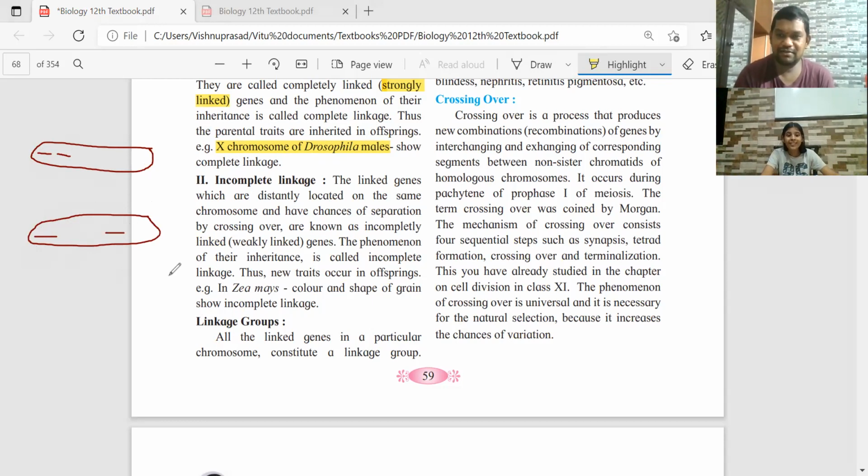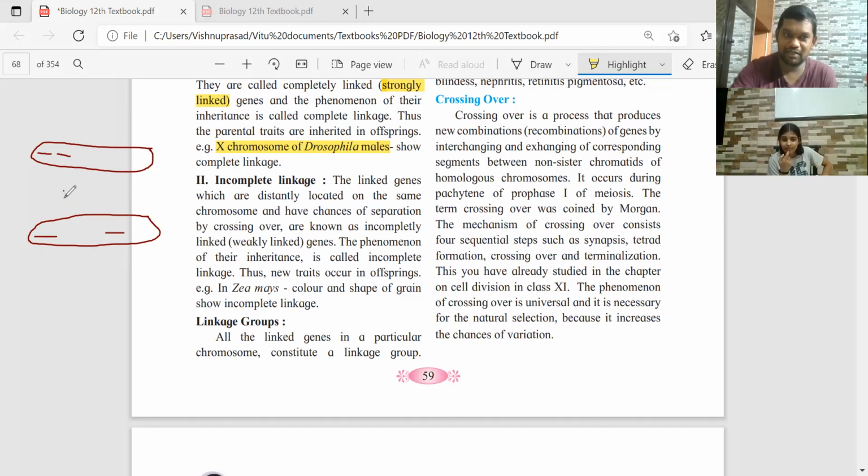Which one is completely linked and which one is incompletely linked? The upper one is completely linked. The lower one is incomplete, because here the gene is located far away. So it is weakly linked.